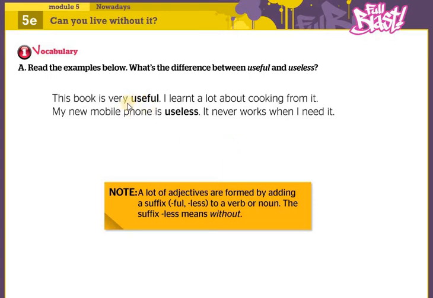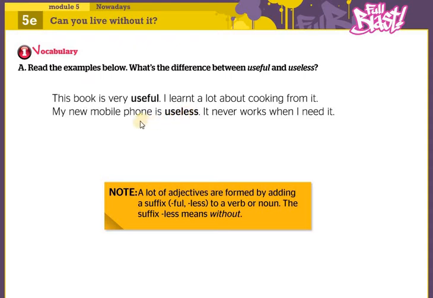So as you see, useful, useless, both of them are derived from the same word, which is use. Both of them are adjectives, right? They describe the noun. They come immediately after it.